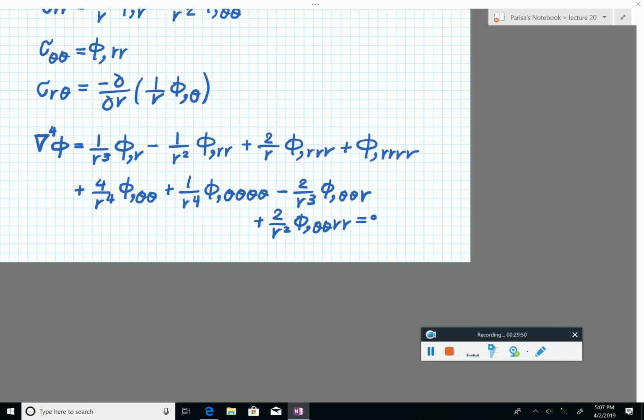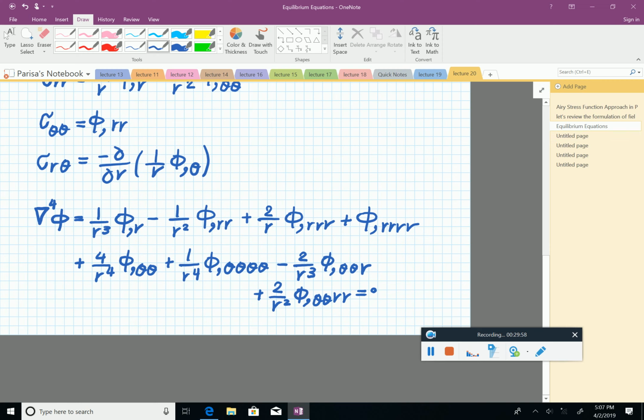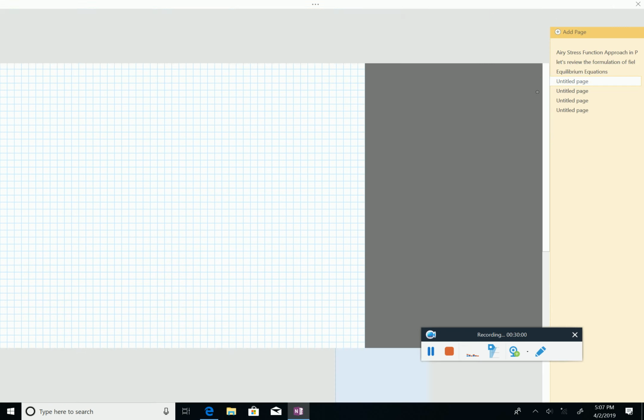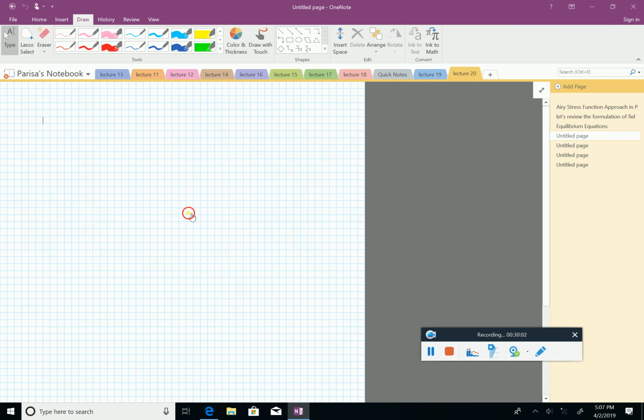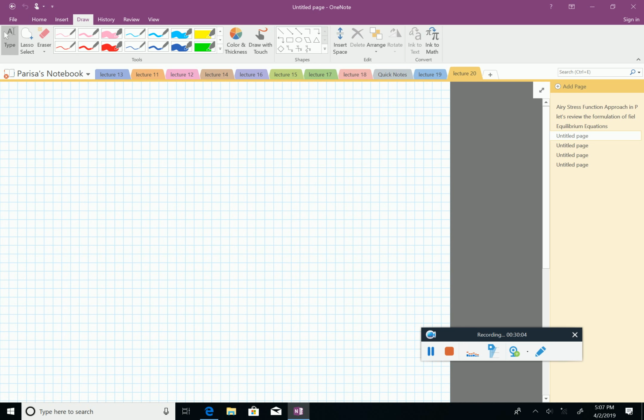So one solution that we are going to look at is the so-called Mitchell solution. So let's see how that solution is developed. And the solution is very simple.